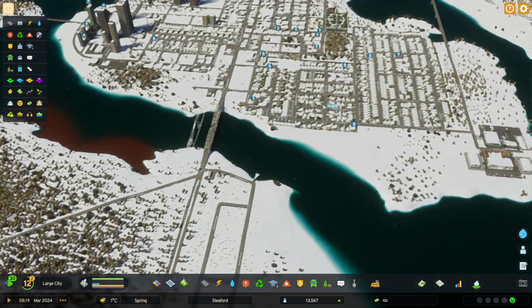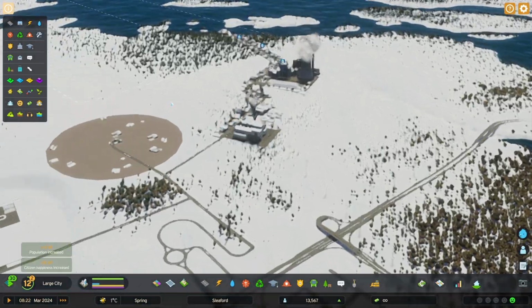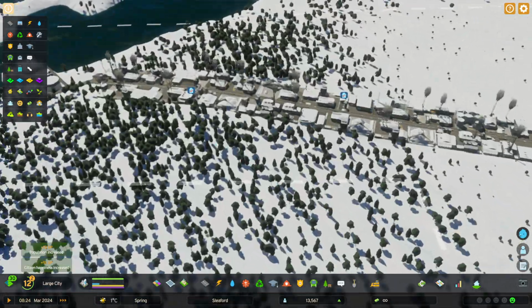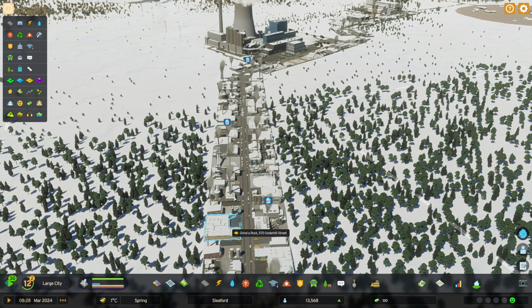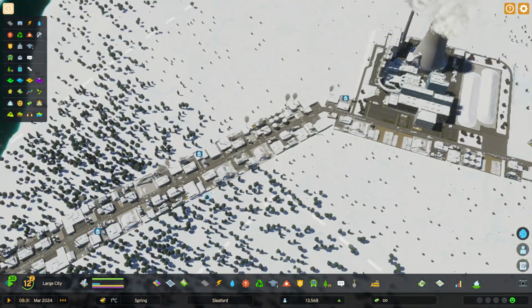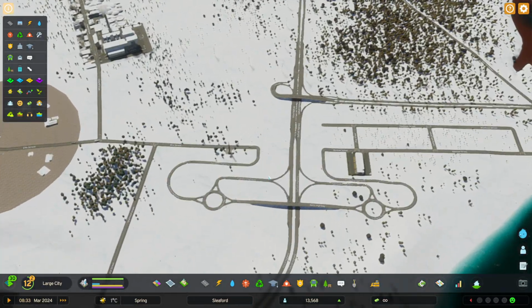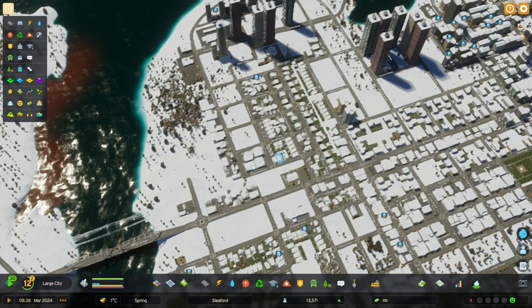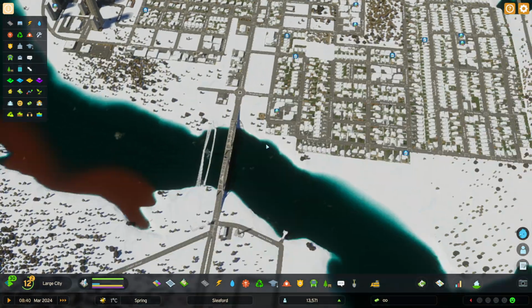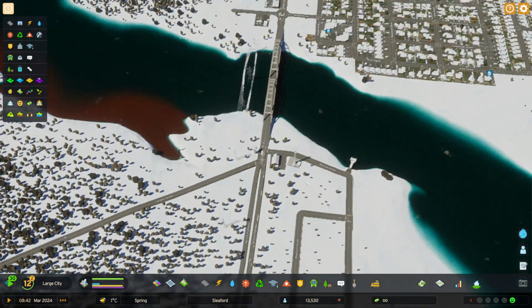For instance, over here I have my main city, but my industrial area I have over here, this small little road with a bunch of different industrial buildings. So make sure that at least they don't use the same road that is used for entrance to the city, to the residential zone, simply because this will generate some traffic.